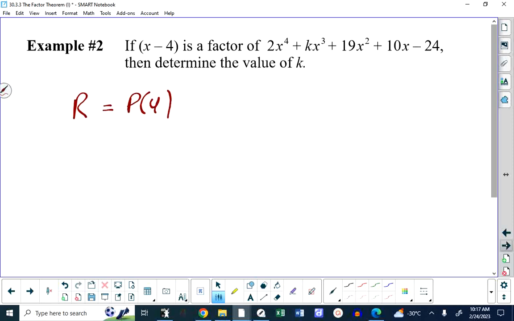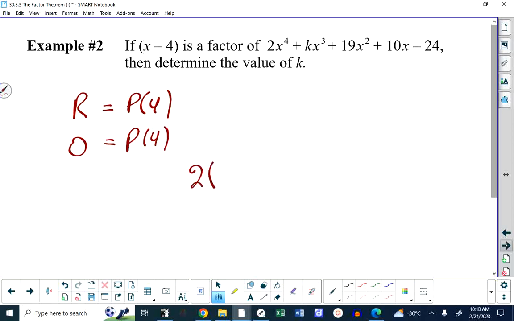That's what the remainder theorem says. But if you're told x minus 4 is a factor, then the remainder is 0. So what we did at the beginning of class with question 15, where we put in a and wrote the remainder, we're doing here, but we're just writing 0. 0 has to equal p of 4.